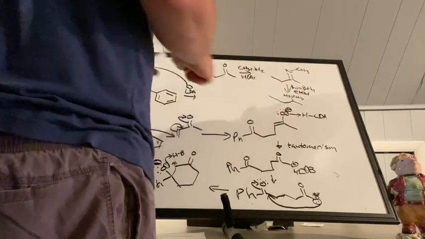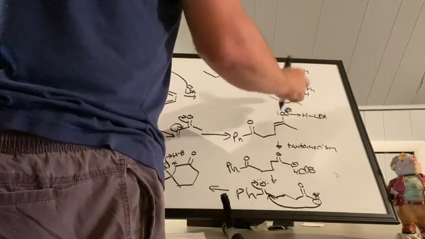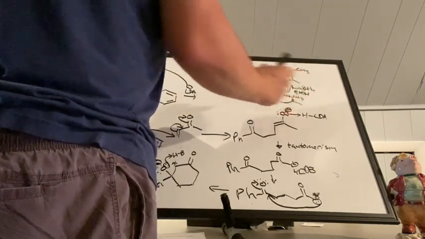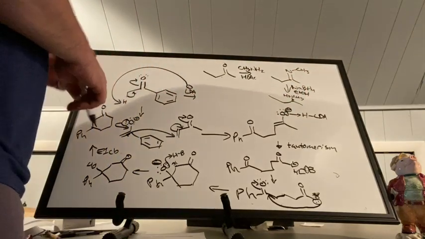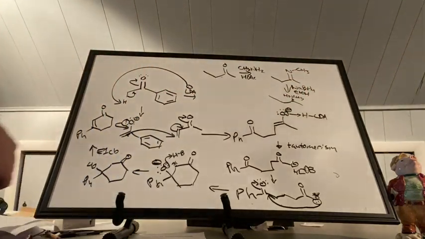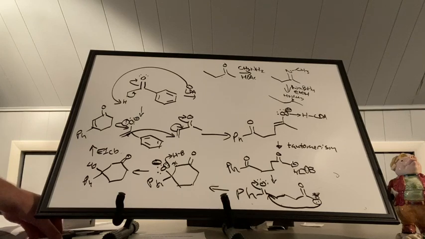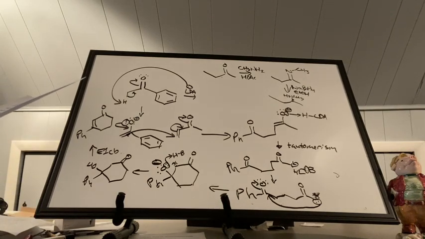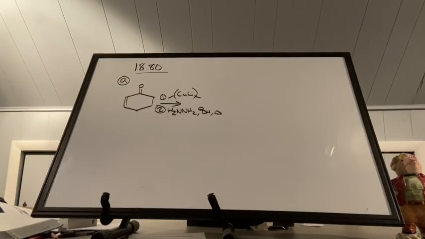Okay, so this is going to be a racemic mixture as a result. All right, so we'll go over a couple of problems here, and then we'll wrap things up on this particular module.